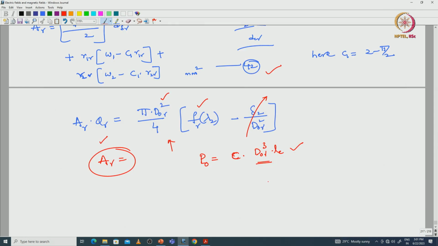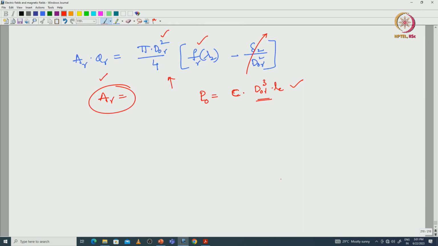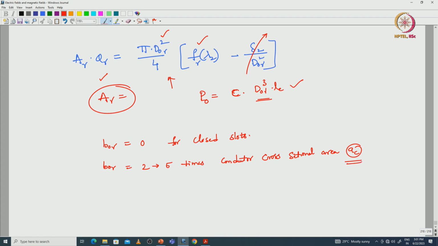Generally the slot opening B0R value is equal to 0 for closed type of slots like squirrel cage rotors, and B0R value is equal to 2 to 5 times the conductor cross sectional area, that is AC, for open type of slots.